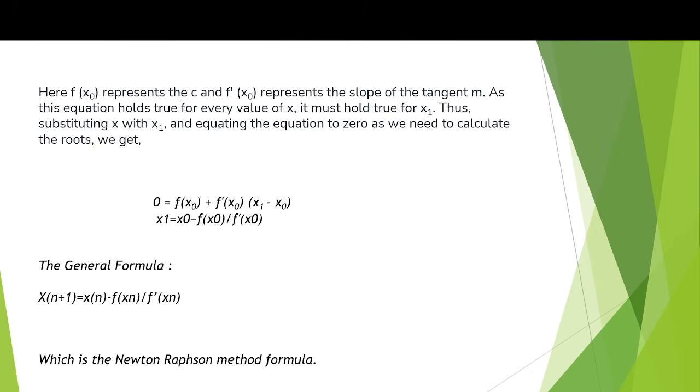Please note that the value of f'(x0) should not be equal to 0. The general formula is x(n+1) = xn - f(xn)/f'(xn), which is the Newton-Raphson method formula.